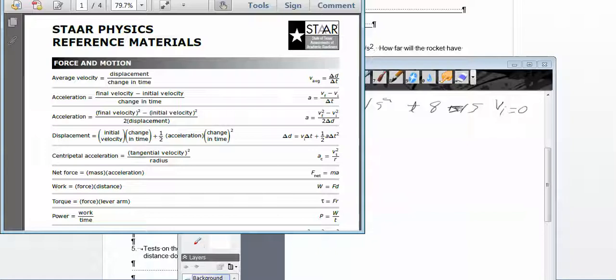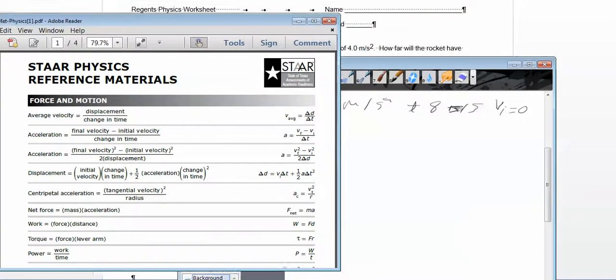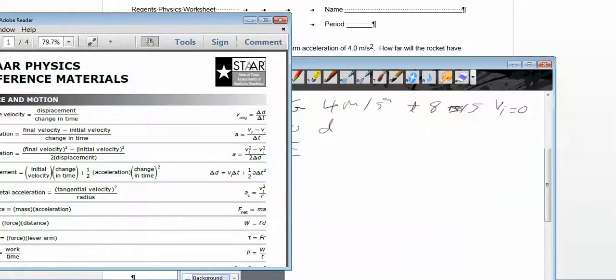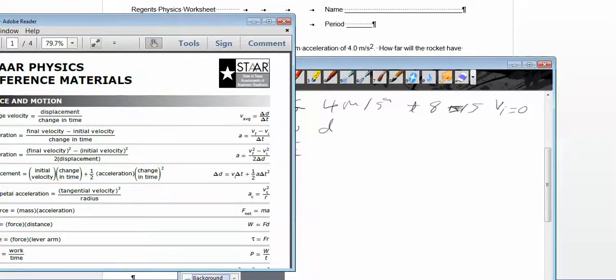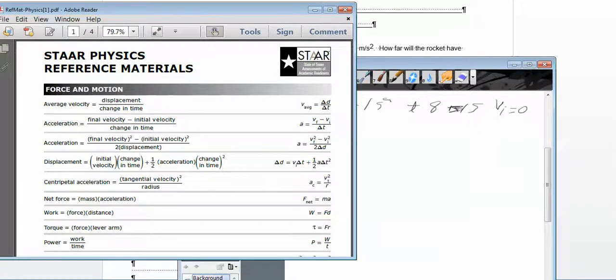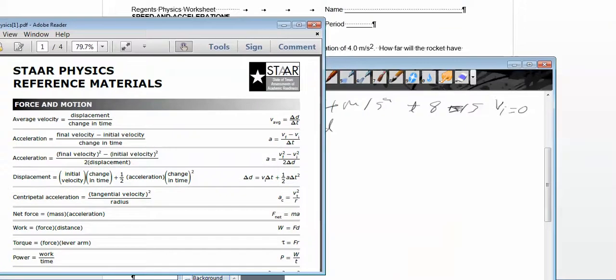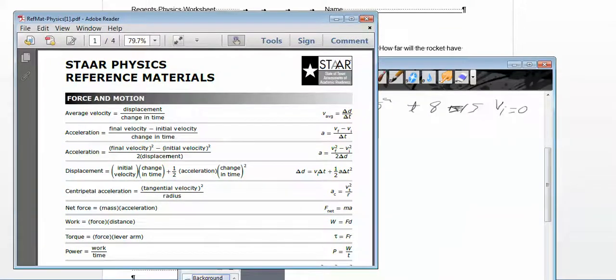We are given initial velocity, acceleration, and time, and they want distance. This one doesn't have distance, and this one has final velocity, which we don't have.